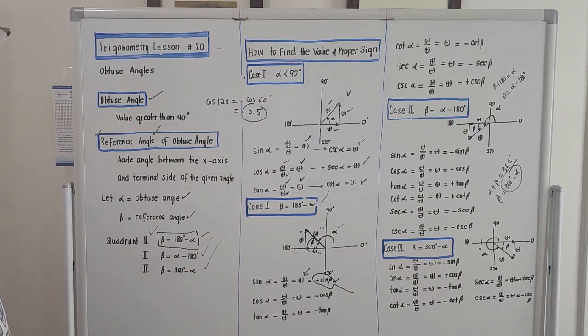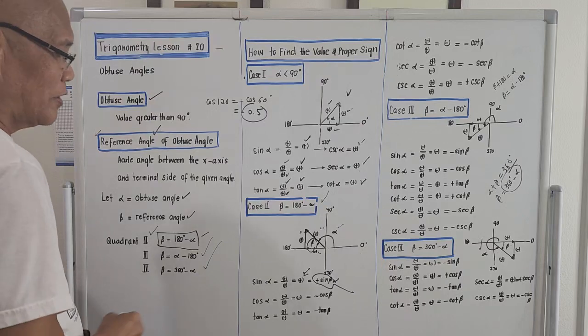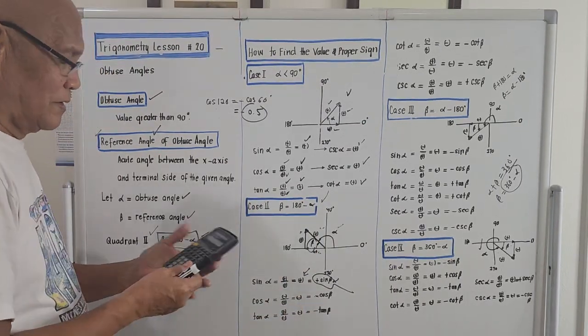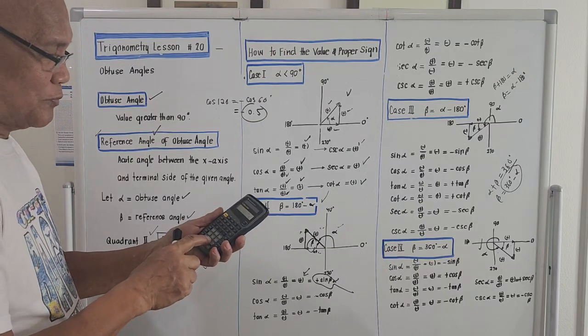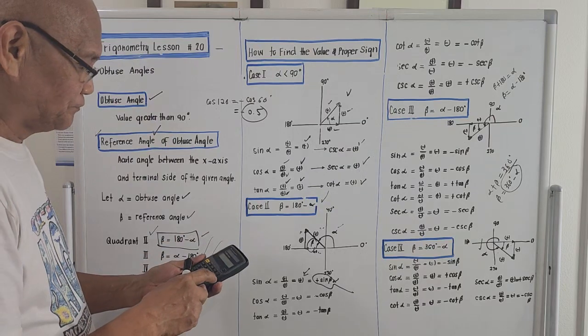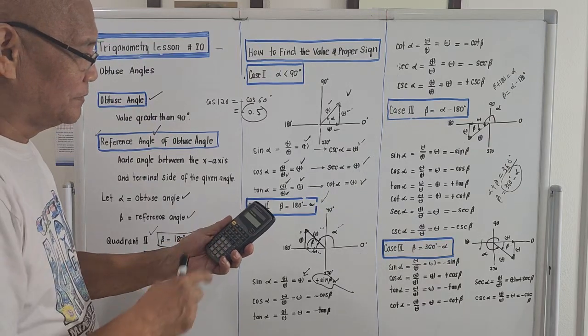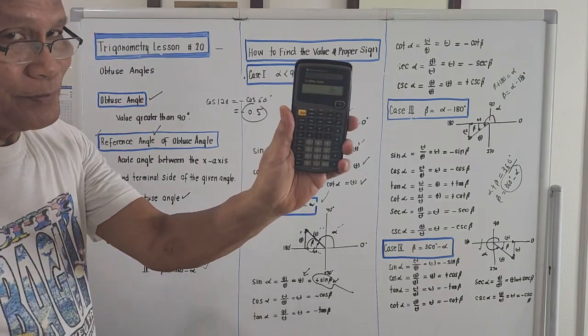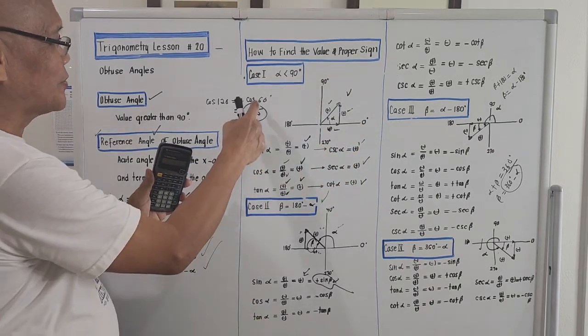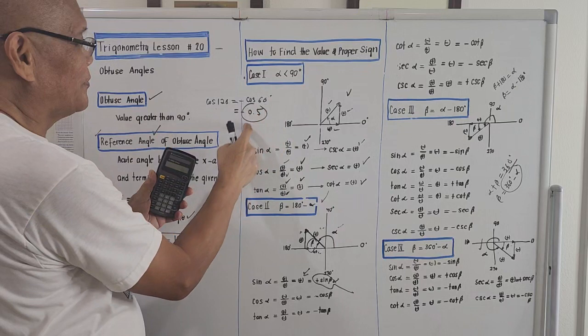The way how we bring out the sign before is by using this. But if you got your calculator, you just press 120 here. Take the cosine. It's negative 0.5. So it seems you take the cosine of 60, but the cosine of 60 is 0.5.